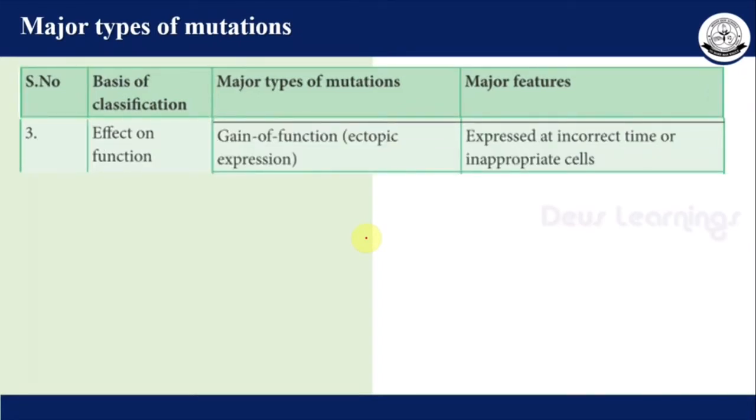Then gain of function. Gain of function is if a gene is active at an incorrect time or in inappropriate cells. Important: incorrect time and inappropriate cell. For example, we have genes, all the genes in all the cells, that means genes from the 23 pairs of chromosomes.